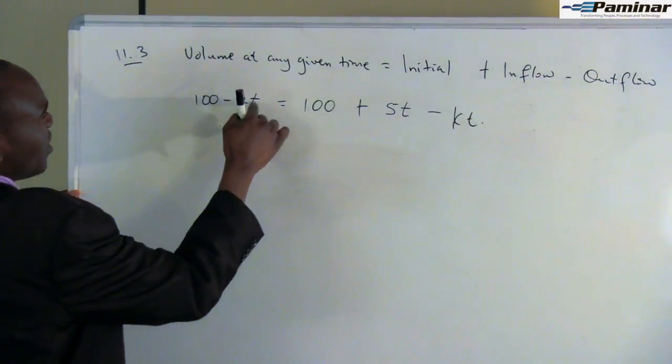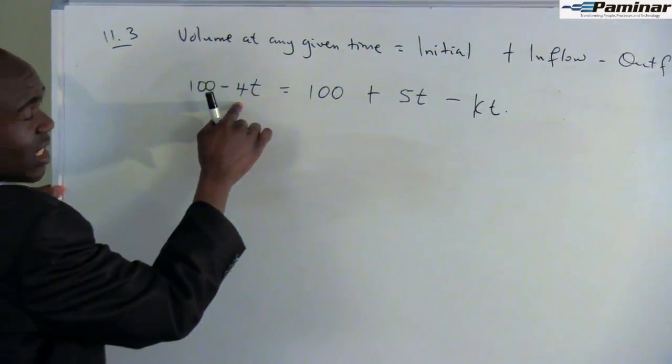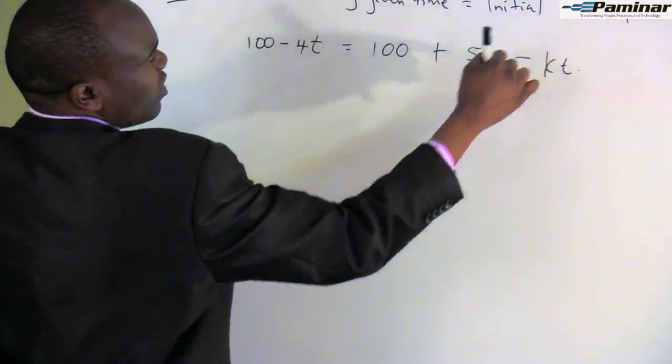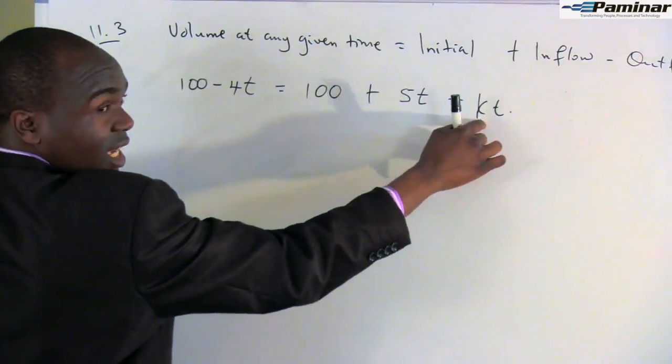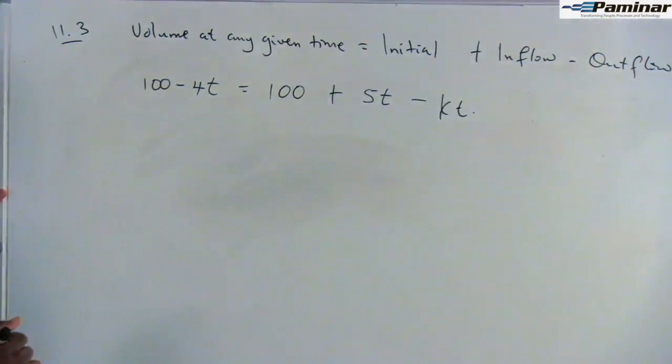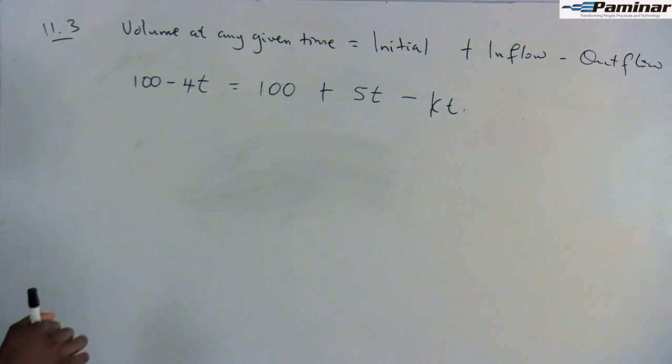The volume at any given time is given by this. Initial 100, inflow is 5T because it's 5 liters per minute, and then K liters per minute.